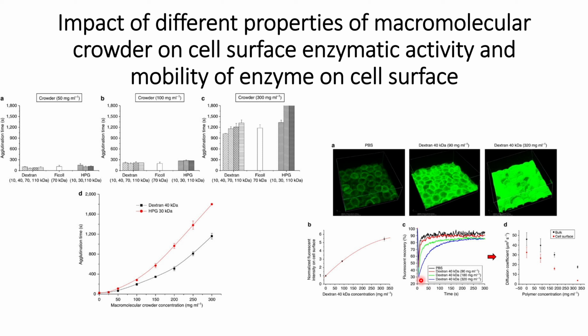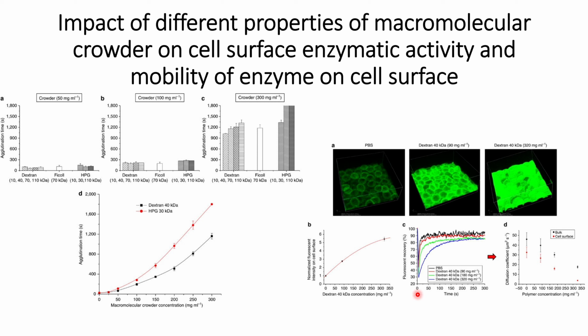And what they find is that in the case of PBS they see an increase in the fluorescence signals with time, but for the dextran at different concentrations, that is 40 kilodaltons at 90 milligram per ml, 180 milligram per ml, and 320 milligram per ml, they see a low or minimum increase in the fluorescence intensity after the initial time period.